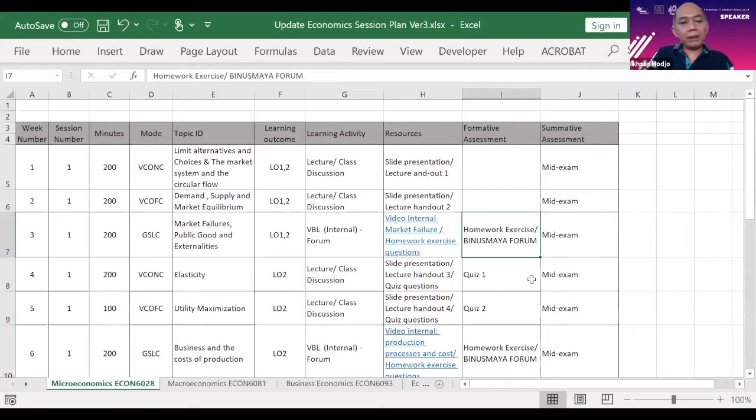And from my experience teaching the previous compact semesters, many of the students are still not aware of this responsibility.